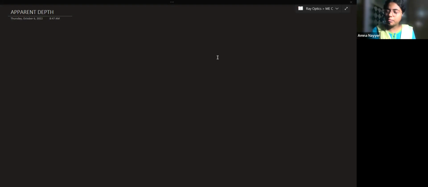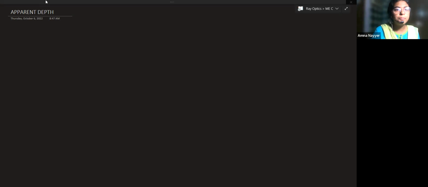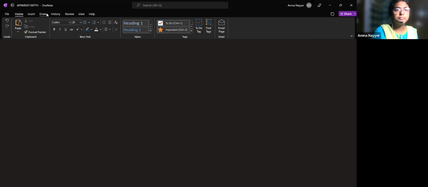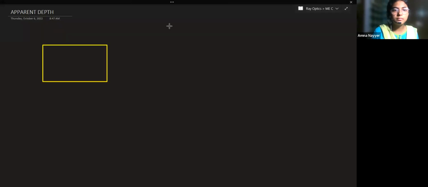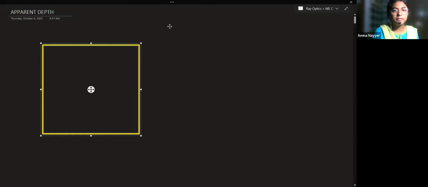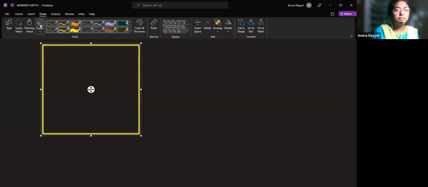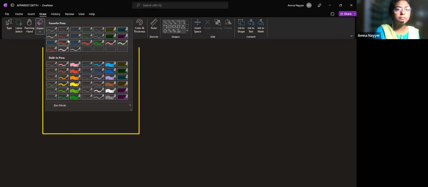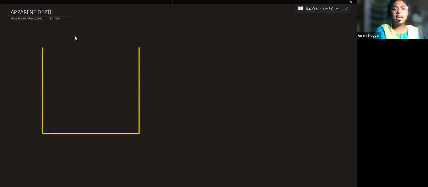So the depth that is not actually present, we are able to see because of the straight rays that pass into our eyes. For example, class, if I take a beaker, I have taken a glass filled with water.